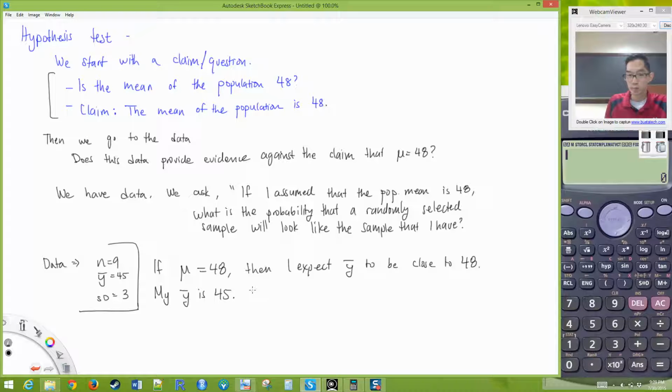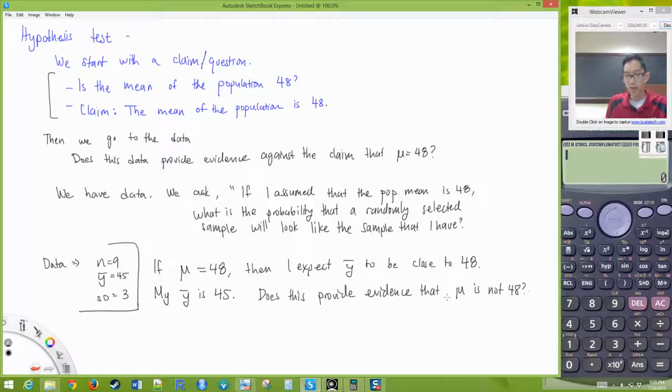My y bar, my sample mean, is only 45. Does this provide evidence that mu is not 48? That's what I want to know.